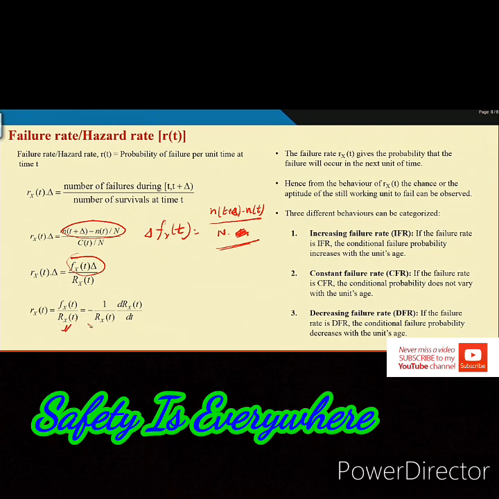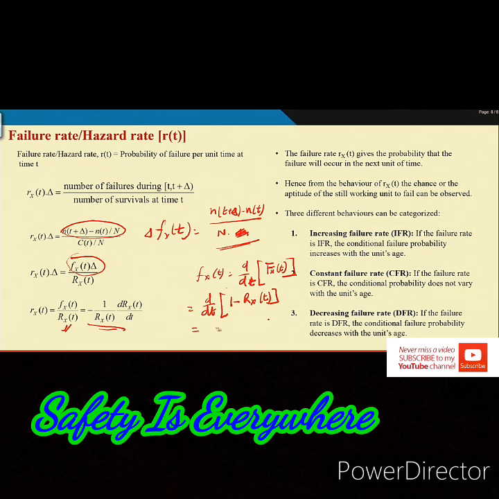Next, how are you getting this? Because ultimately, what is f(t)? f(t) is the derivative, d by dt of its cumulative function F(t). What is that F(t)? That is 1 minus R(t), because F(t) plus R(t) equal to 1.